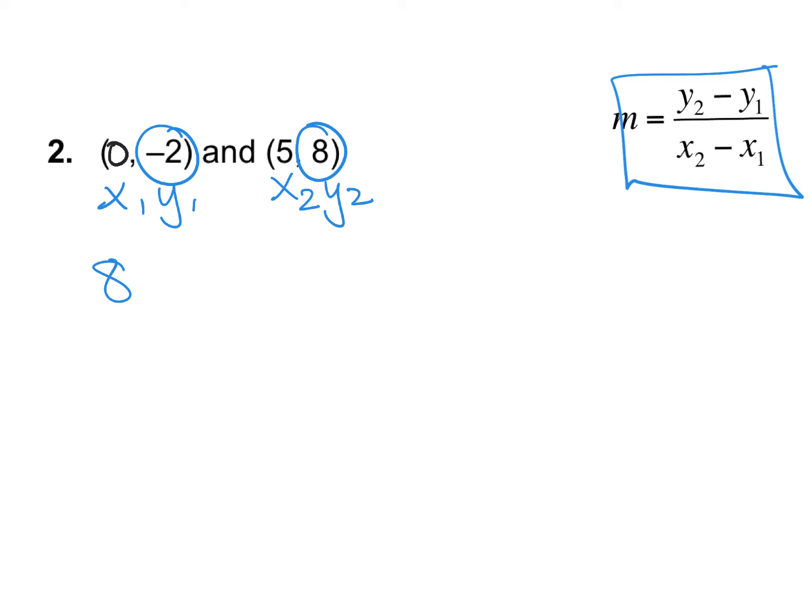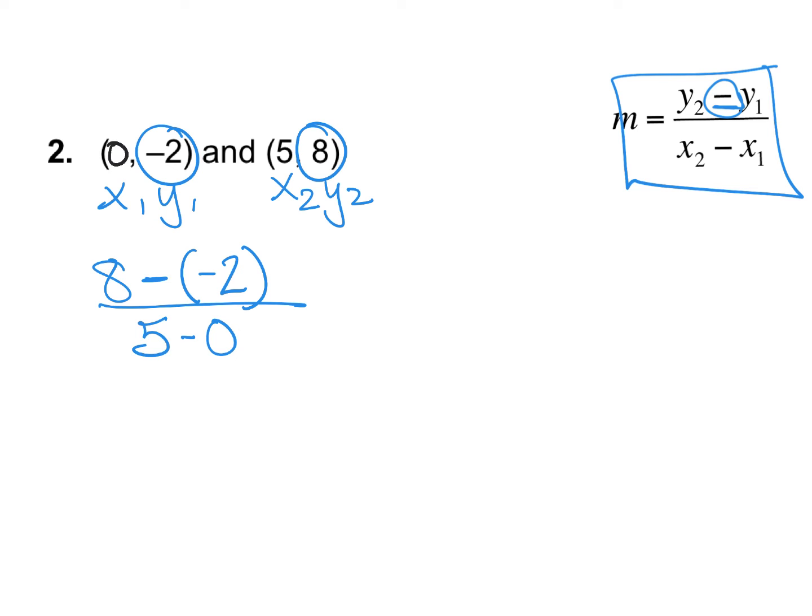Now, this is really important here. Our formula is y of 2 minus y of 1. So I have a minus here, but then notice y of 1 is a negative. So I have to put that negative in parentheses and then bring it in here. So you have minus a negative, and then I'm going to have 5 minus 0.